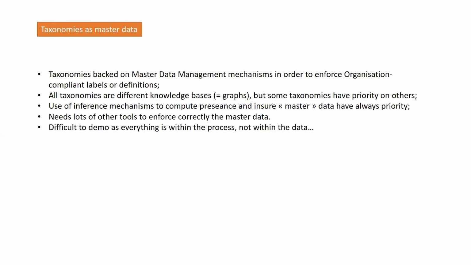It's kind of very difficult because everything is in the dialogue between the taxonomic system and the external applications, and lots of these applications do not understand URIs, for example, or things like that. So it's kind of difficult, but the precedence mechanism was very easy to set up, and it works well.